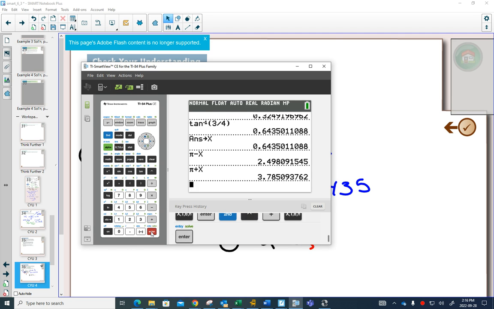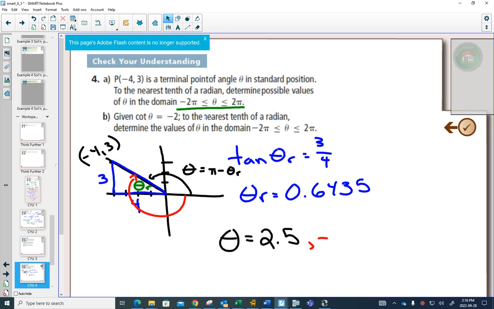I get 3.78, which gives me negative 3.8. So we now solve for theta in the domain that they asked, once around in the positive direction, 0 to 2 pi, once around in the negative direction, 0 to negative 2 pi.